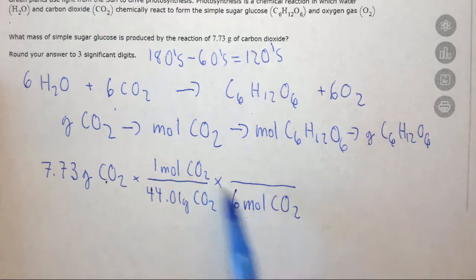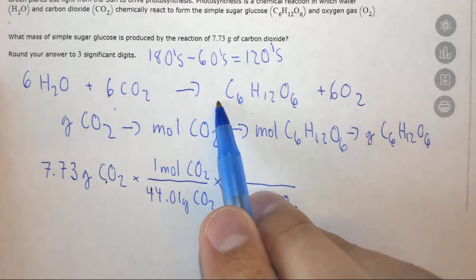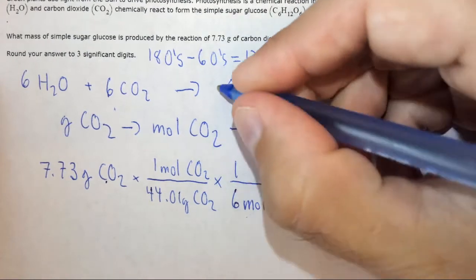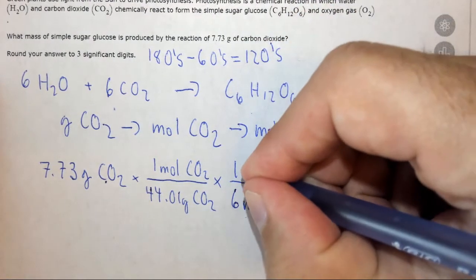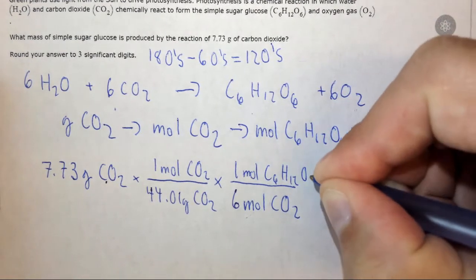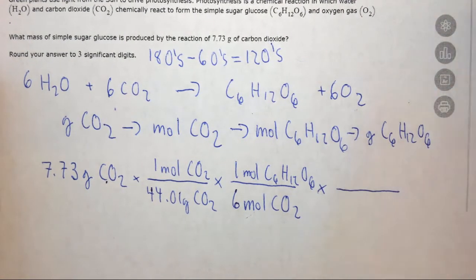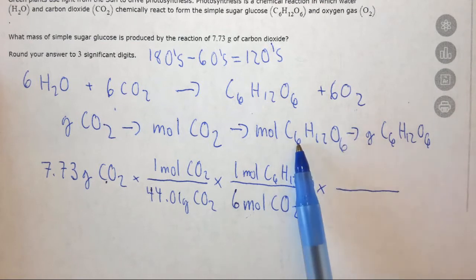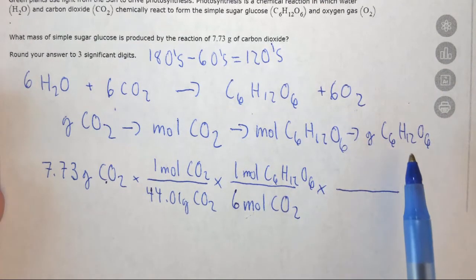We put CO2 on the bottom, so it'll cancel out. On top, we put 1, there's no 1 shown there, but it's 1 mole of glucose, which is C6H12O6. Now finally, we want to convert from moles of glucose to grams of glucose, and you've done this before.